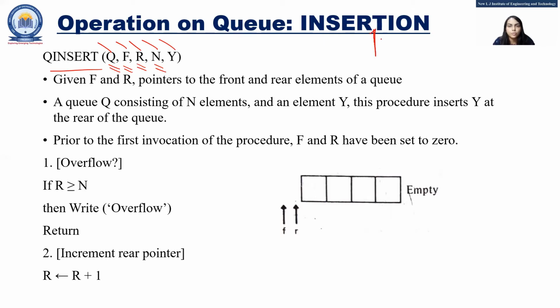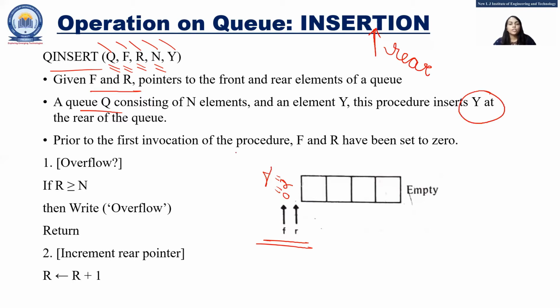Students, you should remember that insertion takes place at the rear end, so rear gets incremented. If Q is empty, initially F = R = 0. F and R are pointers. Q consists of n elements and y is the element we want to insert.